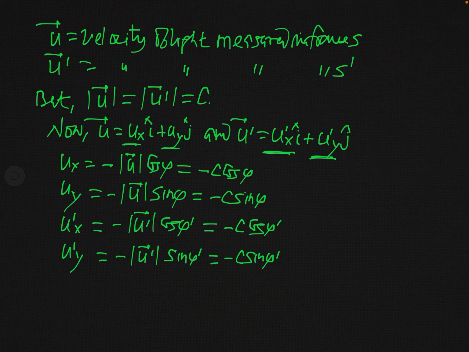So definitely we will make a calculation to relate these two angles phi and phi prime. And this can be done by taking the equations which we have studied during the velocity transformation.